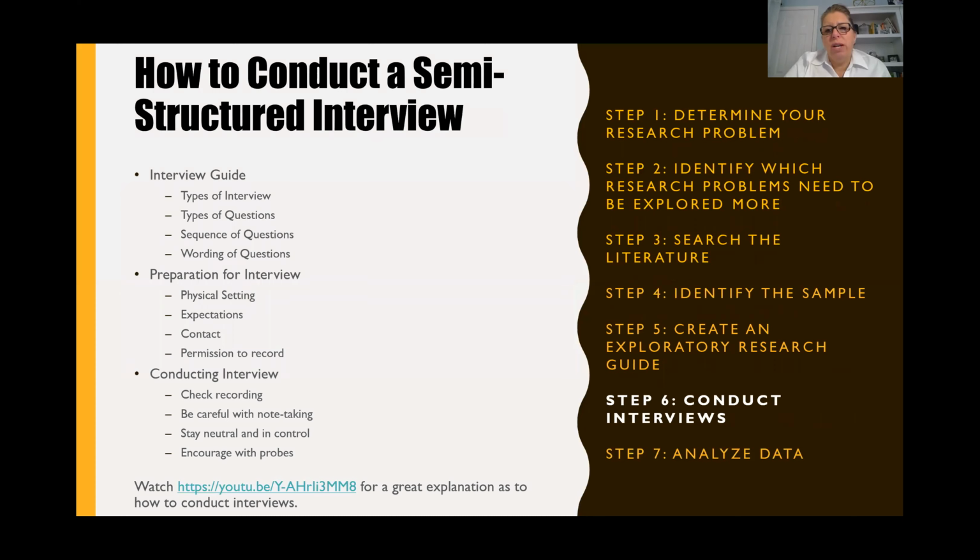Once you have written your exploratory research guide, you kept it short and sweet, but you have the questions, you understand your sample of who you're going to ask, then it becomes time to conduct the semi-structured interviews. And this starts by having your interview guide, and that's going to have your research questions in it. You're going to understand what type of interview you're conducting, the types of questions that you're asking.